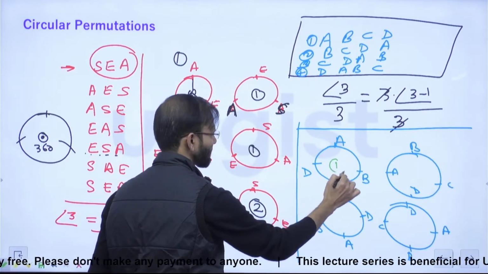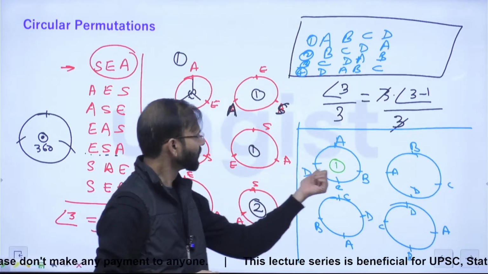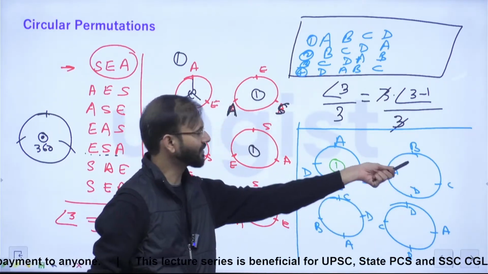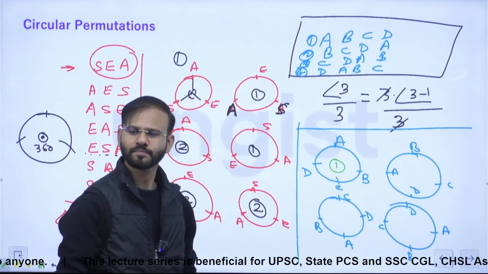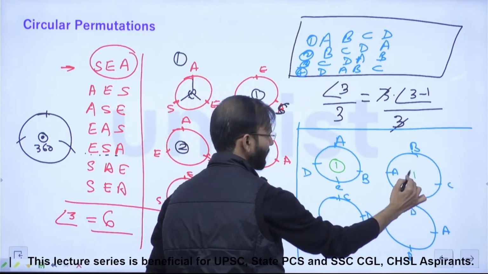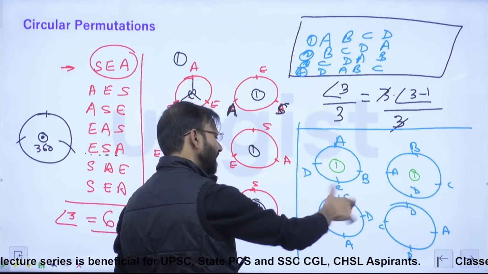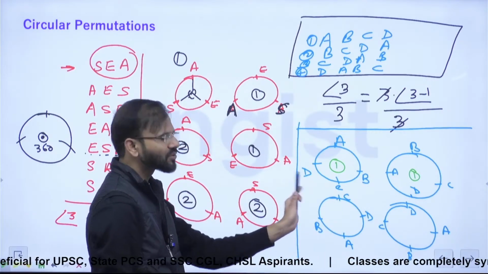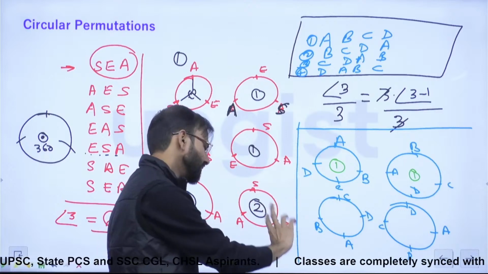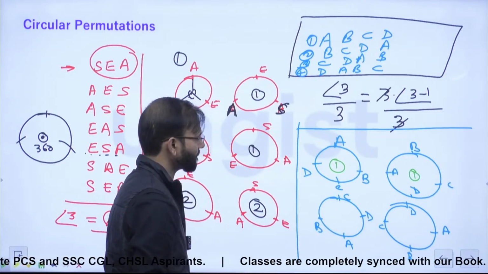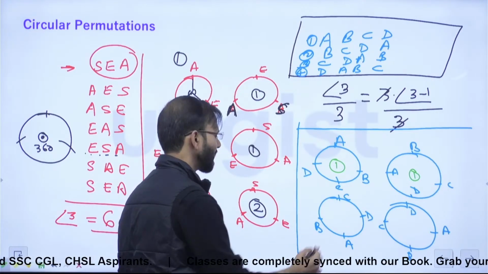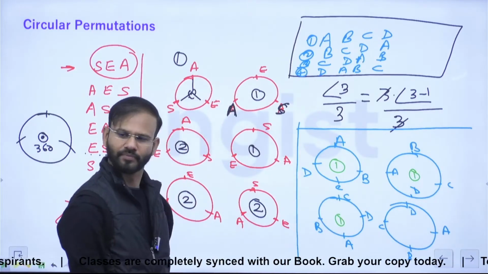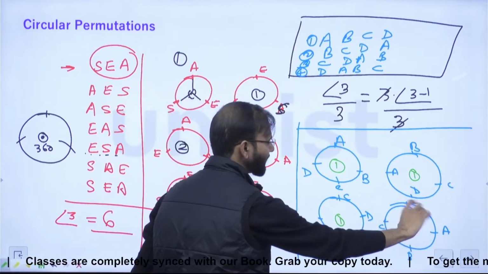If you rotate this 90 degree in clockwise manner, what will happen to this? This will become 1, right? Okay. If you rotate 180 degree, I'm sorry, if you rotate this 180 degree in anti-clockwise or clockwise, in either direction, it will become 1, right? 180 degree in the clockwise manner. Now 90 degree anti-clockwise manner.